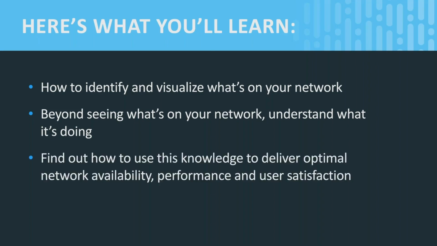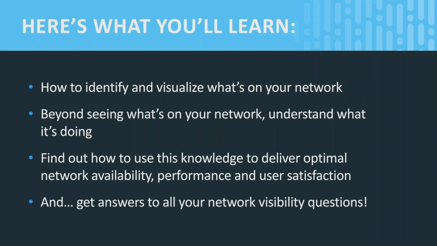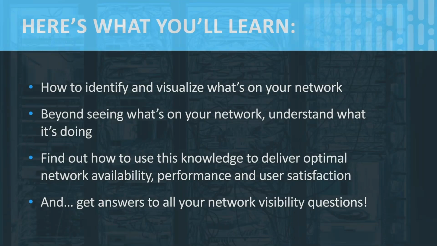And you'll learn about all this to help you deliver optimal network availability, performance, and user satisfaction. I mean, we need to keep our applications up and running all the time, make our users happy, and an optimally running network is one of the real keys to that. And then also get all your questions related to network visibility answered. Like I said, we'll have a dedicated Q&A session at the end, so get those questions in.